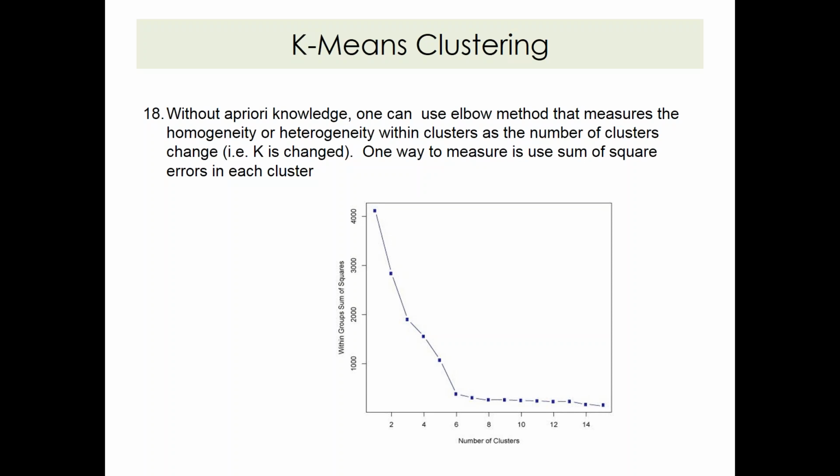The point after which the sum of squares does not decrease so rapidly is chosen as the optimal number of clusters. You can either use this, or go with your own intuition or domain knowledge that you want this many clusters. Okay.